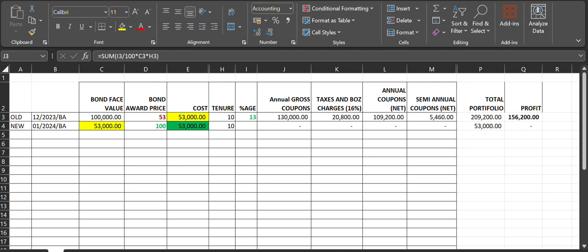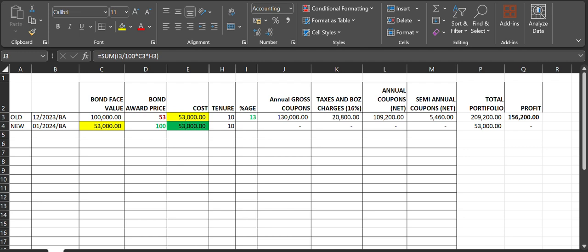Okay, so on the screen are two rows. I think there's an Excel worksheet with two rows. The first one shows calculations for a bond of face value 100,000 kwacha at a cost of 53,000 kwacha.